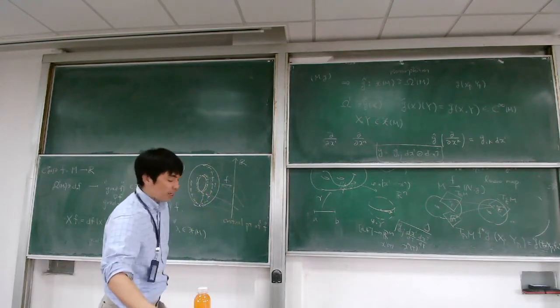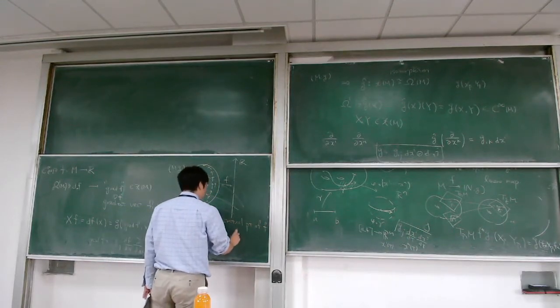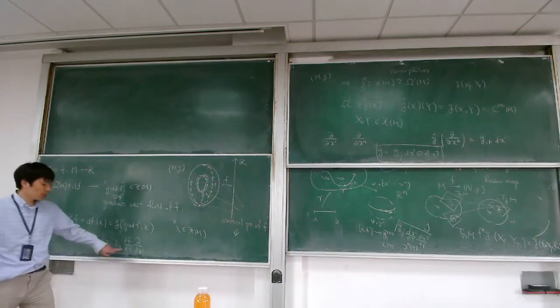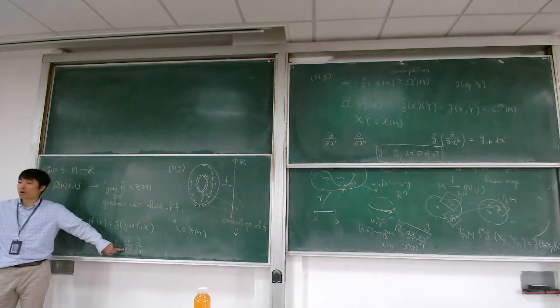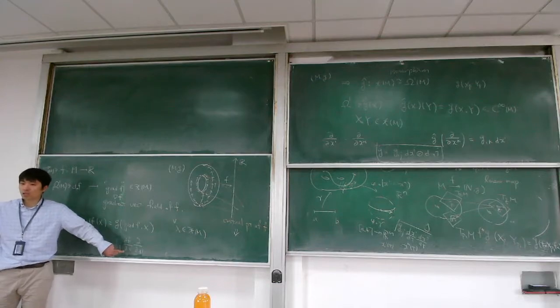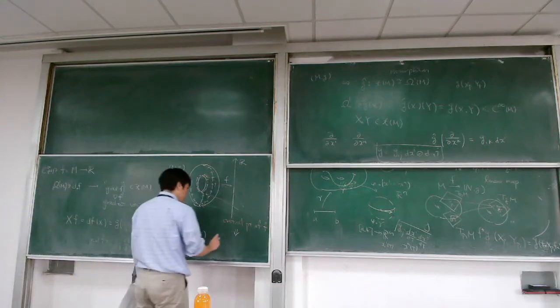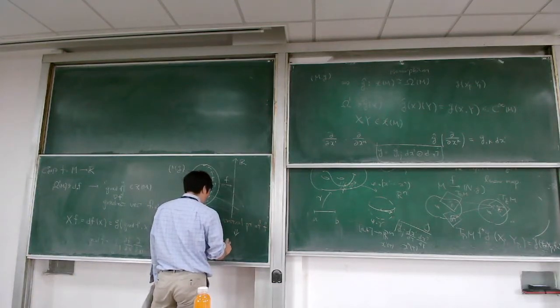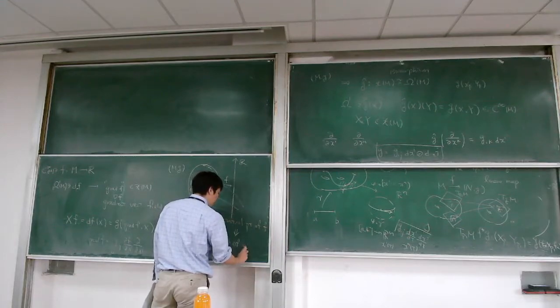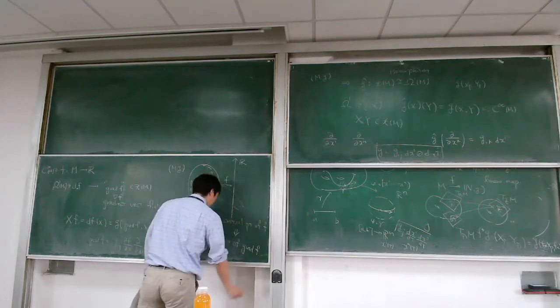A critical point is where the first derivative with respect to local coordinates is 0, so therefore it becomes a zero of the gradient vector field.